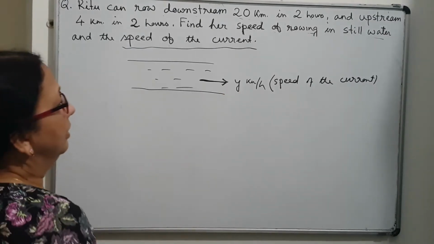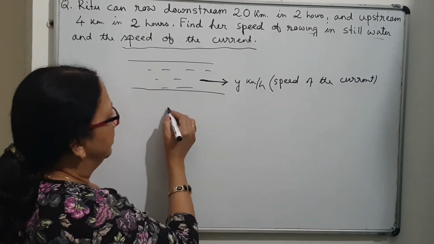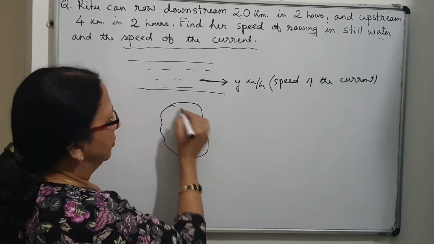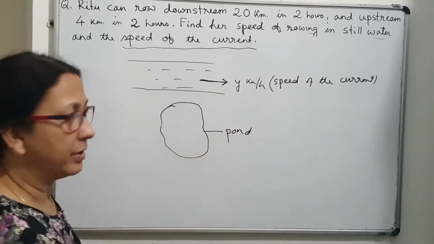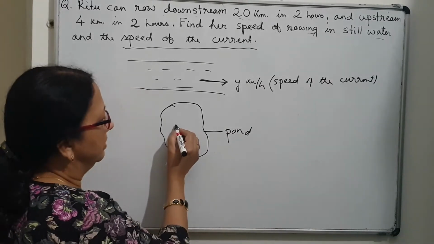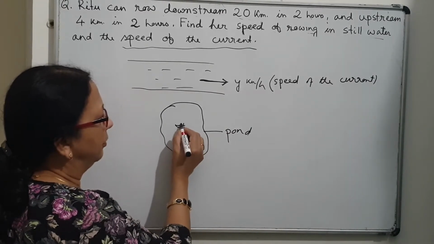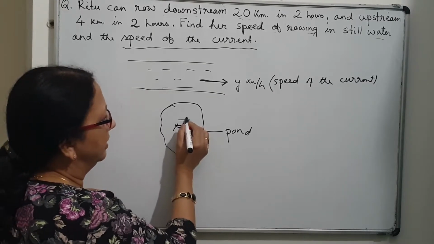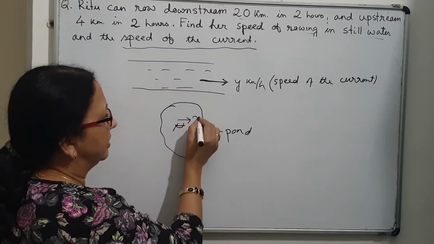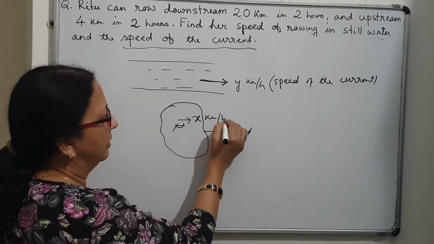Now suppose in a pond, where the water is standstill, that is when there is no flow of water, a person rows a boat with a speed of say x km per hour.